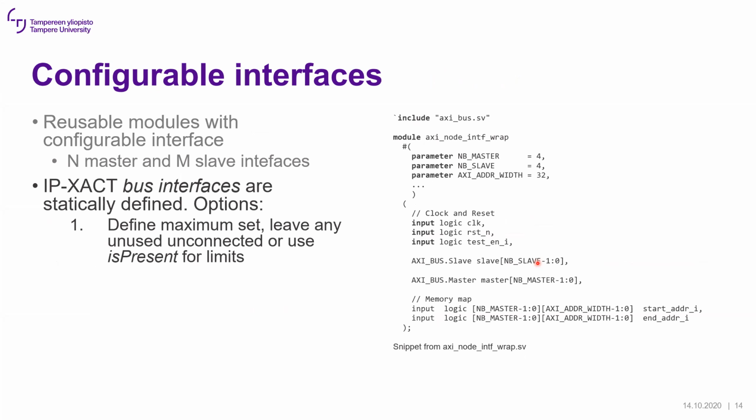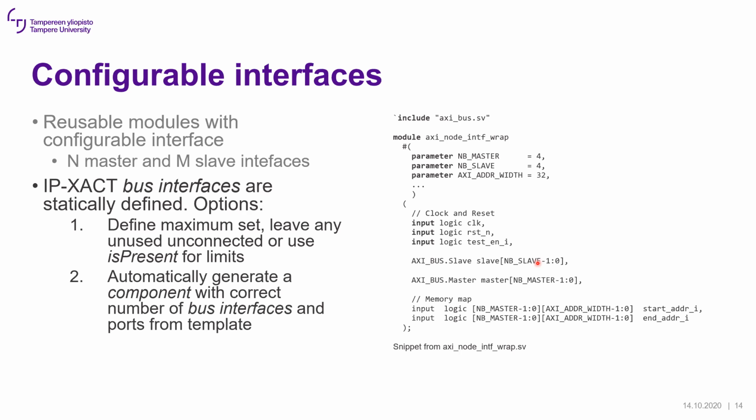We can define the maximum set and leave any unused unconnected, and then trust that our synthesis tool leaves out any unused wires. Or we use isPresent to check the limits so that the proper number of interfaces is present. Another option is to automatically generate components with the correct number of bus interfaces using a template.